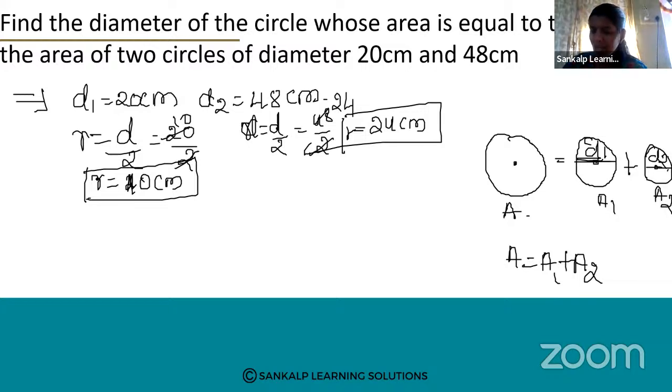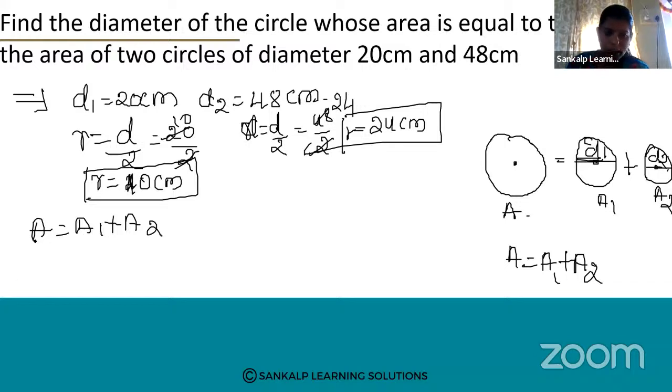Okay. So here the big circle area is equal to the sum of the areas of two circles. That means A is equal to A1 plus A2. Right? Areas of two circles. So this big circle is equal to these two areas. Therefore I can write it as A is equal to A1 plus A2.